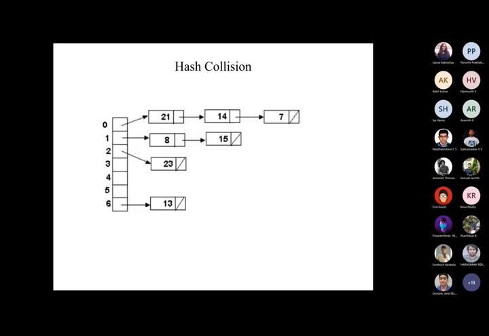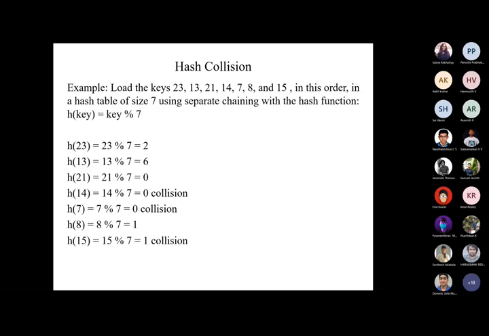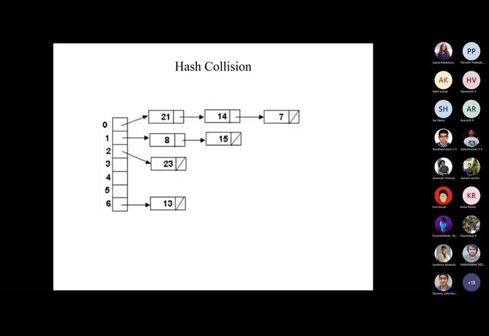And finally, 13 mod 7 gives you 6, right? So this is how we represent the hash collision by means of a linked list representation.